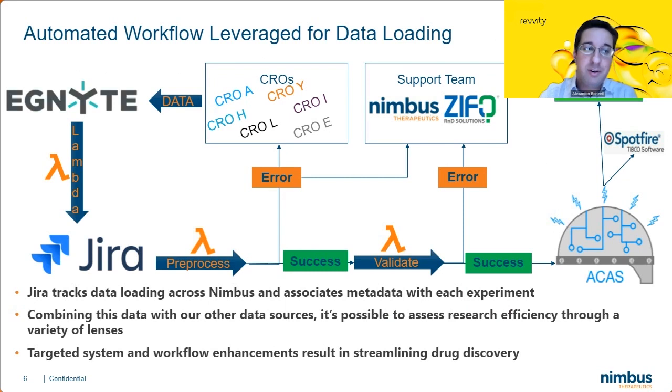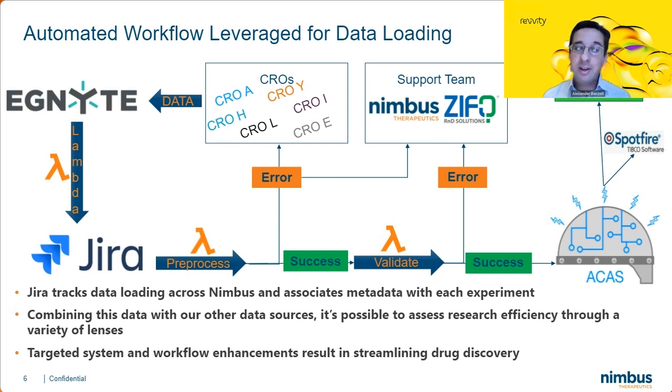A bit of background first, our automated workflow for how we load data, because this will be important for looking at some of the cases that we have coming up. We use a system we've designed called Nimbus, which is a way for us to easily work with and leverage our main SharePoint or file sharing service called Ignite. We have CROs deposit data into our Ignite shared area.